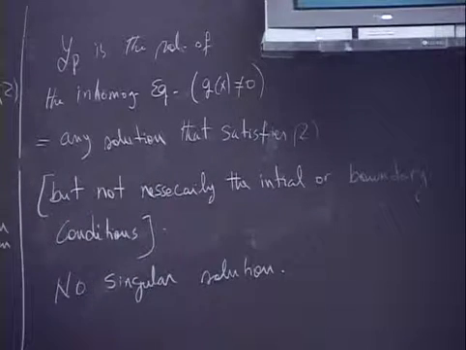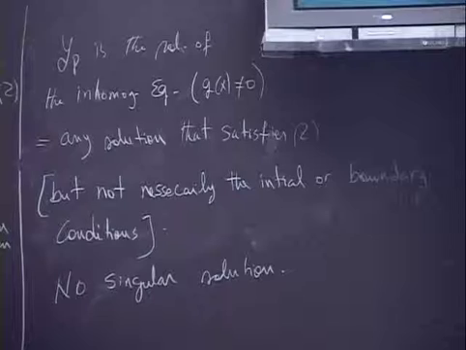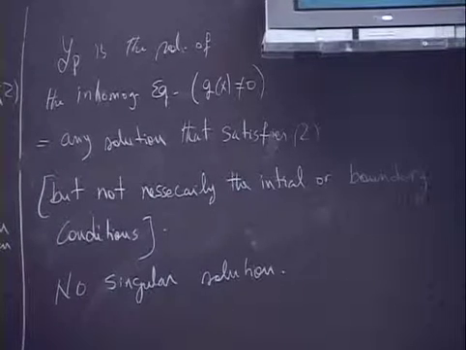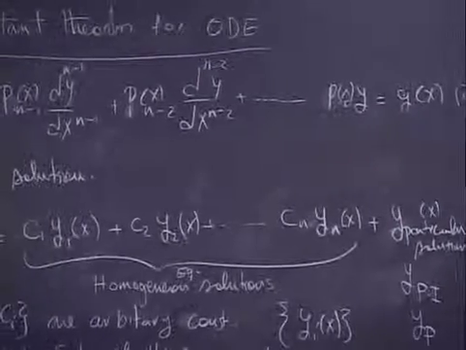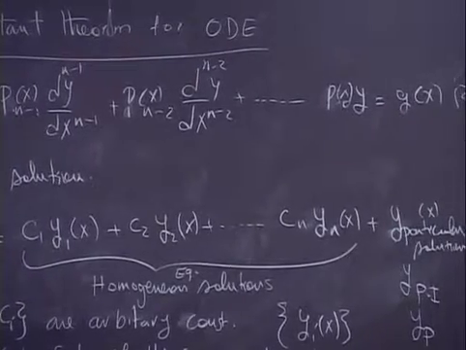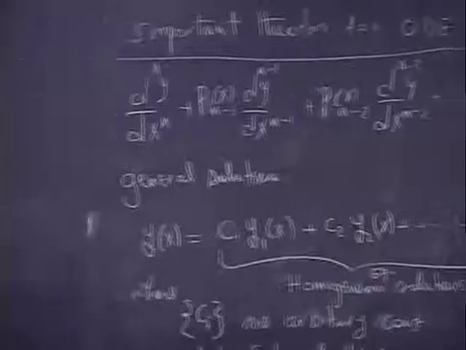Now, how will we calculate the Ci's, those coefficients here? If you have a general solution like this, how will we obtain C1, C2, C3, and so on up to Cn? Yes, initial conditions, and what else?